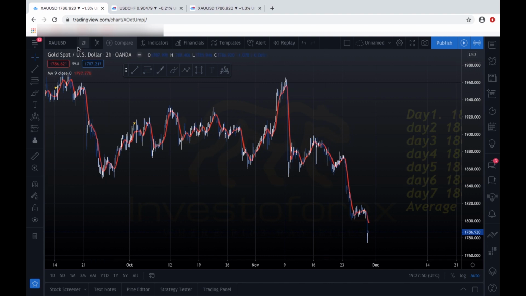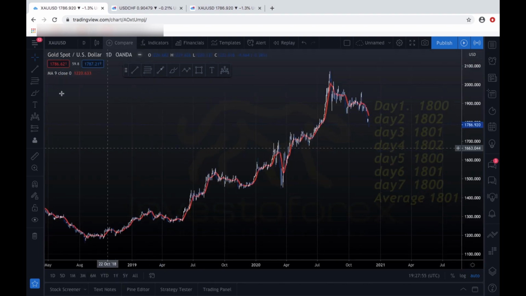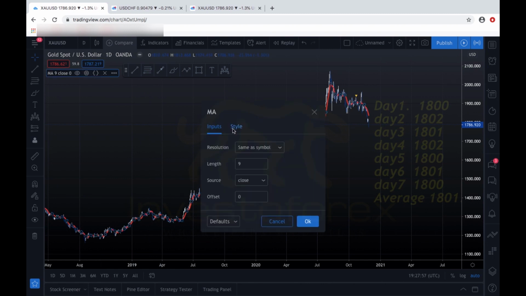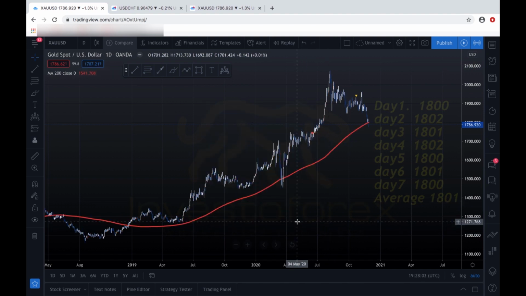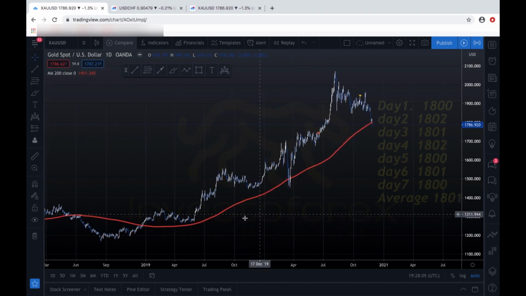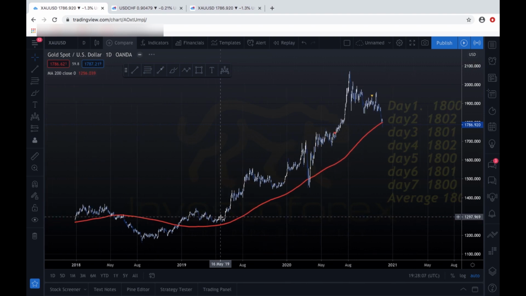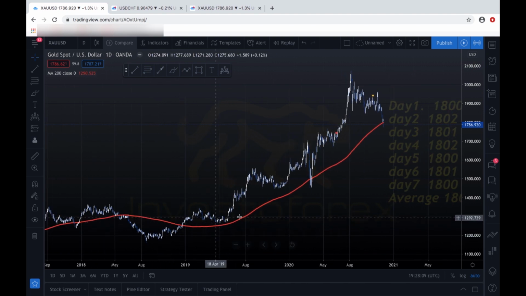Let's go to the daily time frame. I'll change the length to 200. Whenever you see the price is above the moving average, then the price is bullish. And if the price is below this moving average, then the price is bearish.